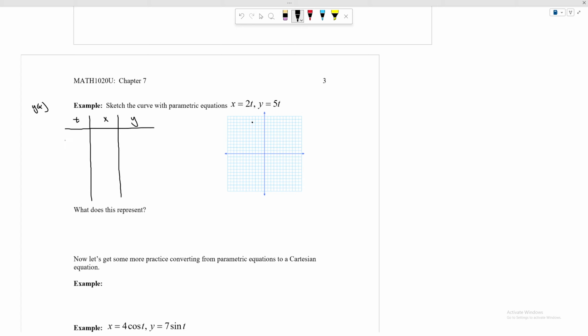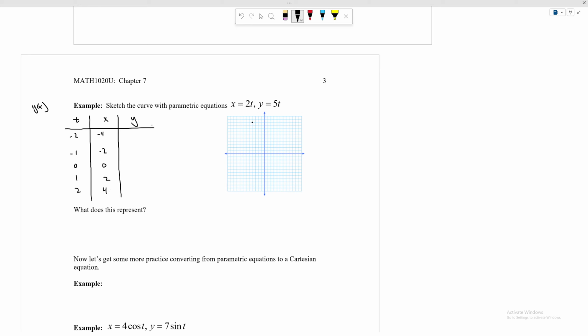Our t, you can start from any number you want, but the best way is to go from negative 2, negative 1, 0, 1, 2, because this gives you a great idea of what it will look like. And so you would sub it in here. So negative 2 times 2 is negative 4, negative 1 times 2 is negative 2, 0 times 2 is 0, 1 times 2 is 2, and 4.